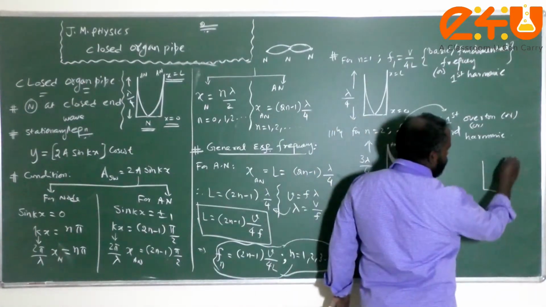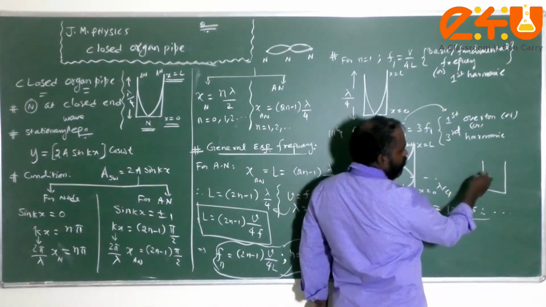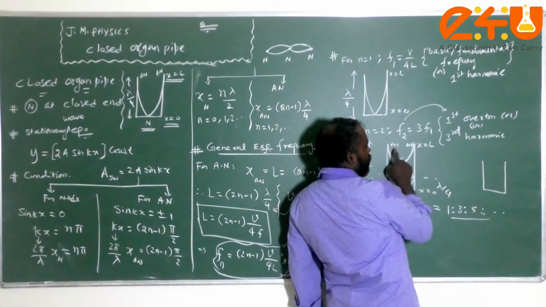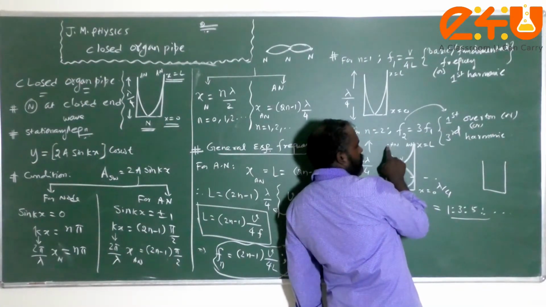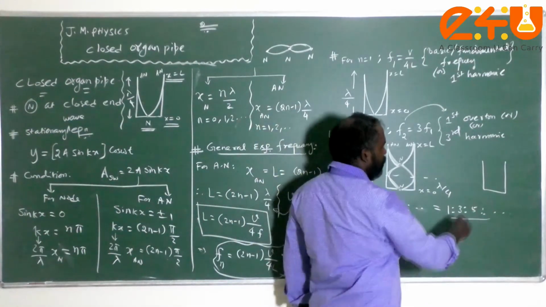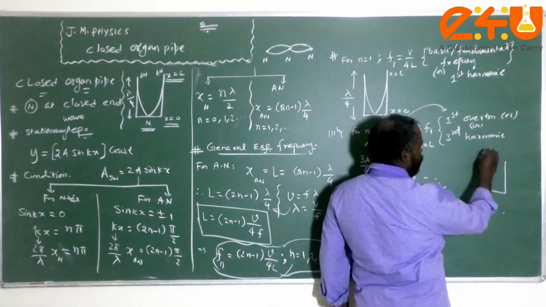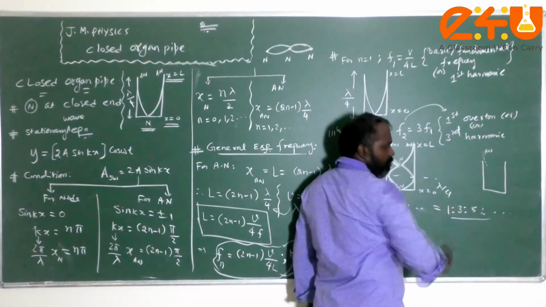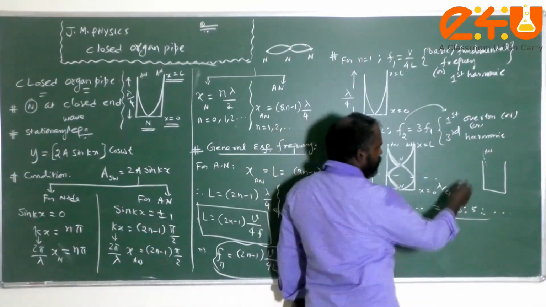Theoretically we assume the antinode is formed exactly at the end of the tube, but in actual fact it is slightly above the edge of the tube. So we are missing this much length.